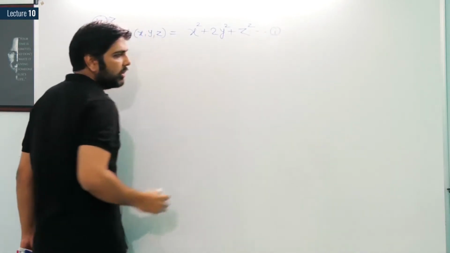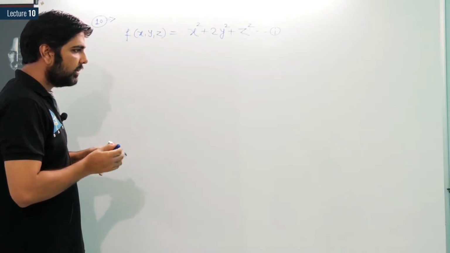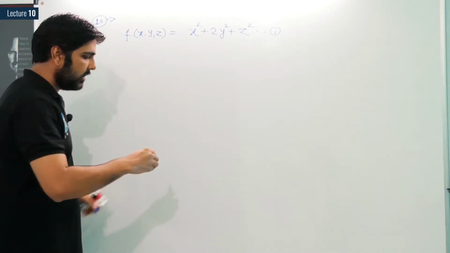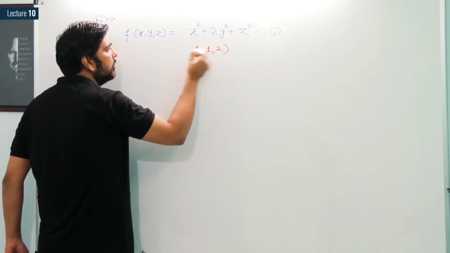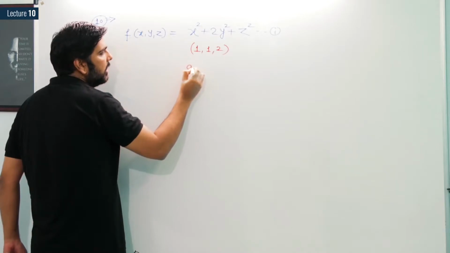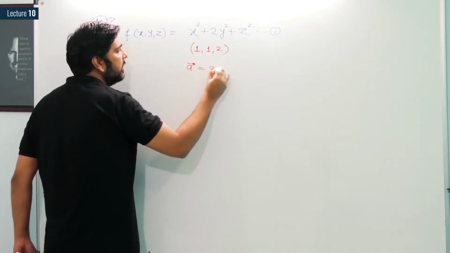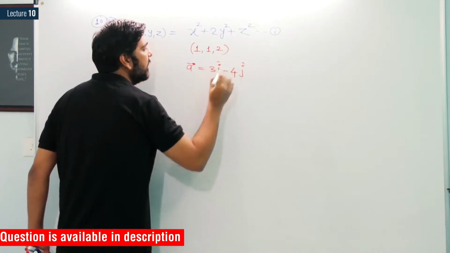This is our scalar point function. Fine. Now we are given the point 1, 1, 2, and the vector is 3i minus 4j. So we are having it like this.